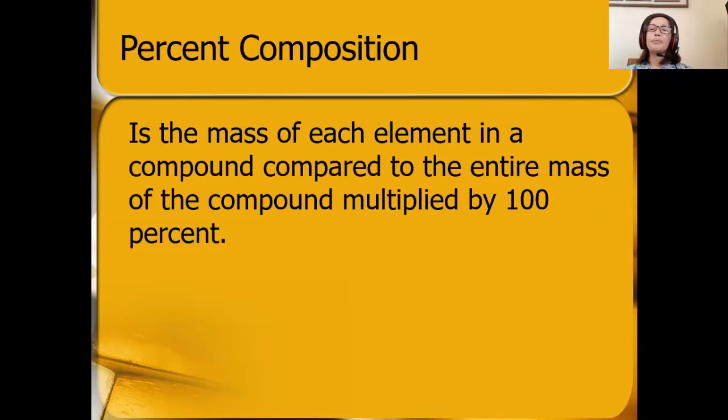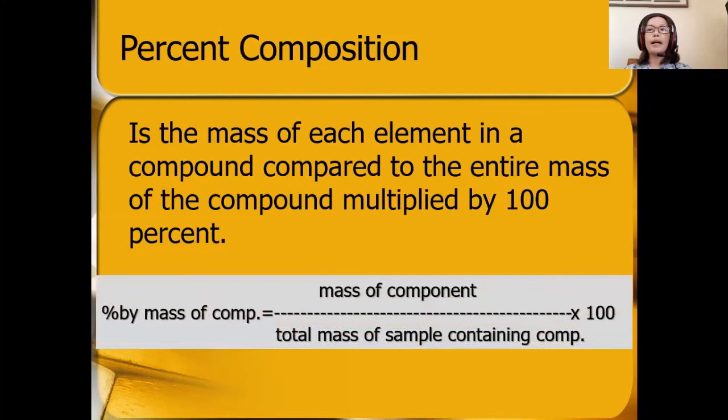So percent composition is simply calculated by dividing the mass of the component over the total mass of the compound, and we multiply by 100, because percent composition is simply the mass of each element in a compound compared to the total mass of the compound.